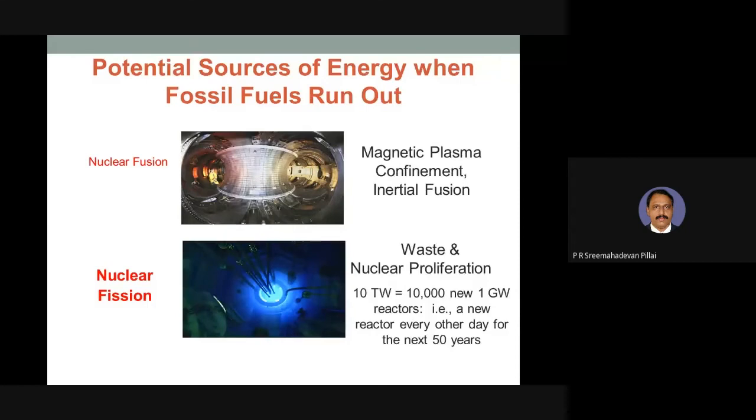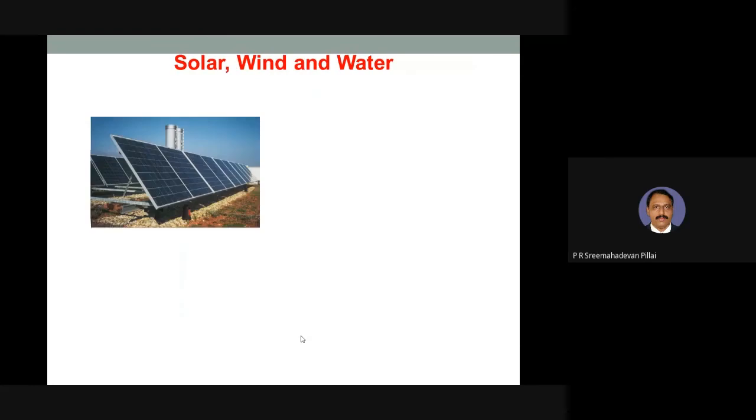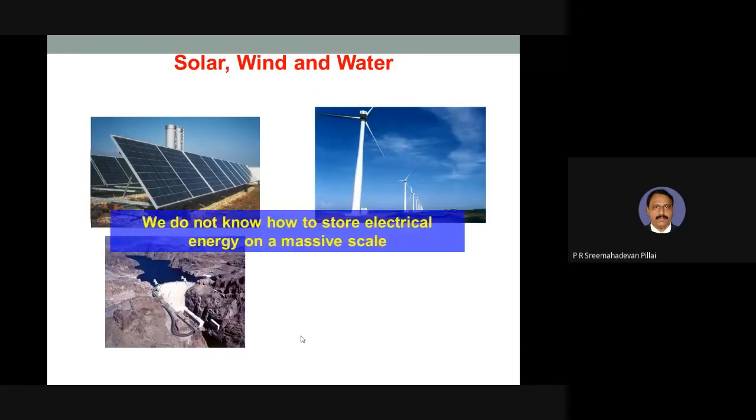See the next slide. What are the other sources possible? Solar, wind, water. Solar, wind, very common now. Now, I told that we are also setting up 500 kilowatt solar power plants in Ahilya campus.